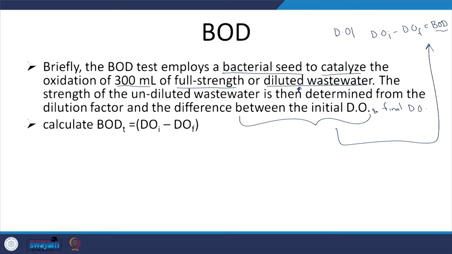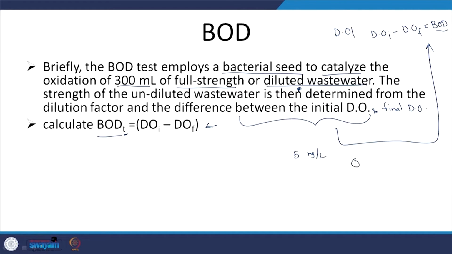That is what we have out here, and BOD with respect to either 5 days or 3 days is DO initial minus DO final. For example, initially, because microbial action has not yet started, the DO might be, let us say, 5 milligram per liter, and then I put it aside, I close it.